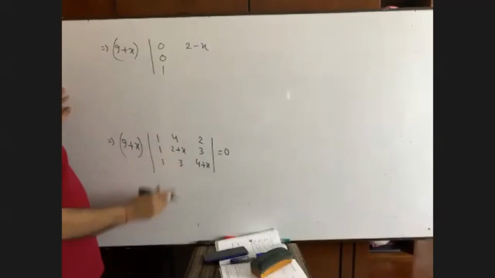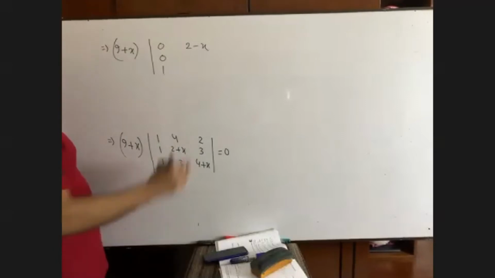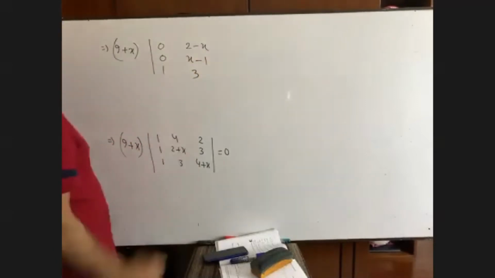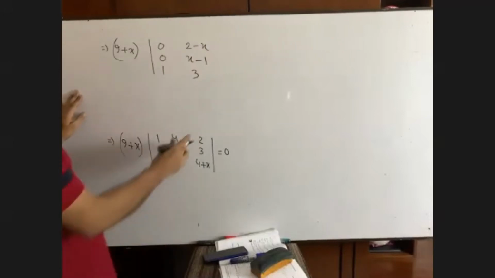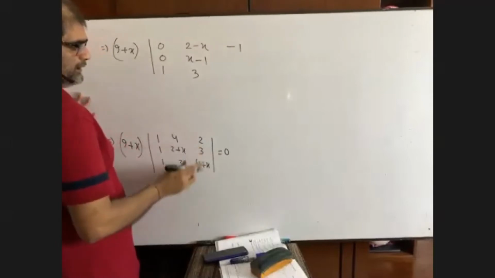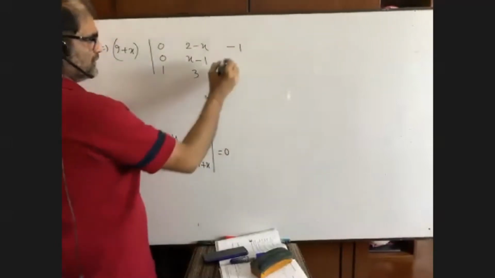This minus this equals to what? 2 plus x minus 3, that is x minus 1. 2 minus 3 equals to what? 3 minus this, minus 1 minus x.